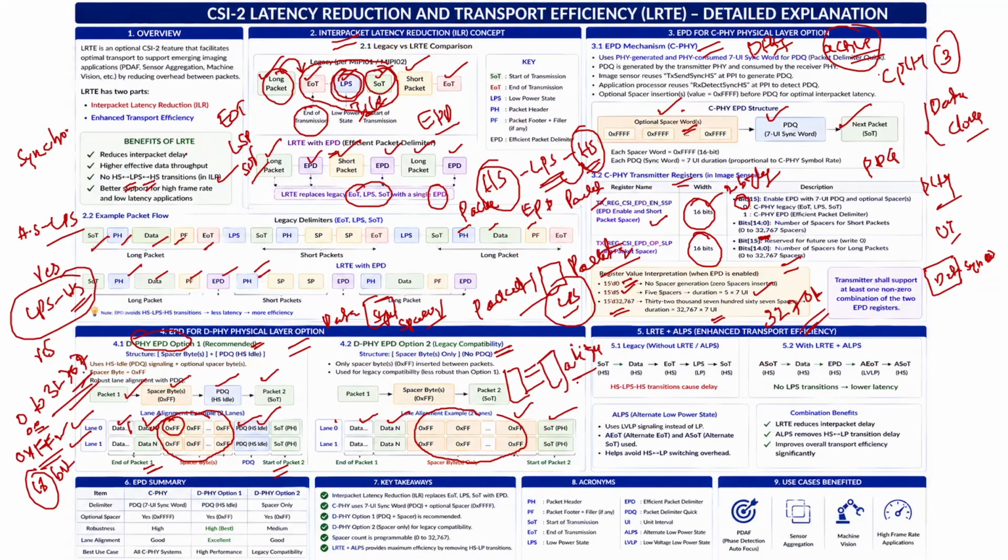Okay, and it is also supporting alternative low power states. Alternative low power state means it will also support LVLPS, low voltage low power state. LVLPS means it never goes to the idle state. Okay, while going to the idle state it loses power, right?